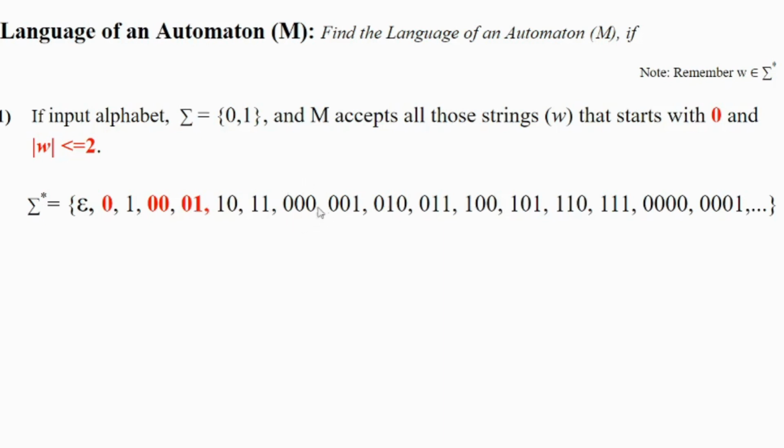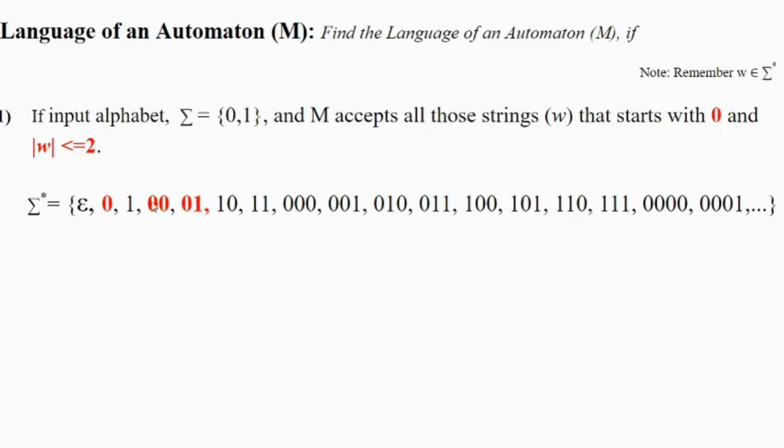this string also starts with 0, but its length is 3, that's why we will not count it, this will be rejected. I am repeating, this string and this string are starting with 0, but their length is 3 and the condition is that length should be less than or equal to 2. That's why all these strings will be rejected.